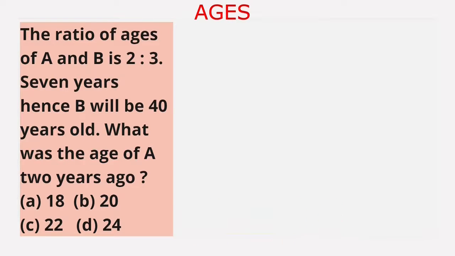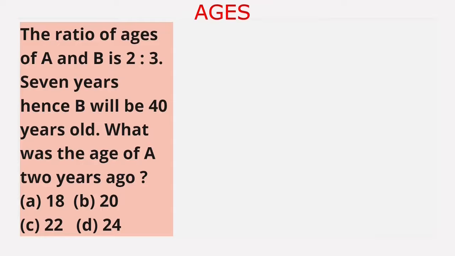We can solve this question orally, as it is given that B will be 40 years old after 7 years. So the present age of B is 40 minus 7, which is 33. And the ratio of A and B is 2:3. So if 3 divides 33, then we get 11.